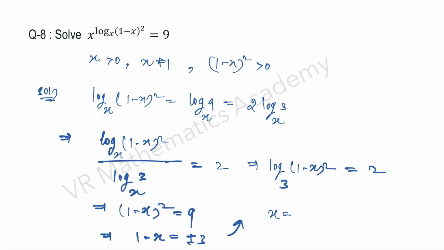So x will be equal to 4 or x will be equal to minus 2. But x greater than 0, so that's why we will take x equal to 4. We ignore the value x equal to minus 2. So the solution of this equation is x is equal to 4.